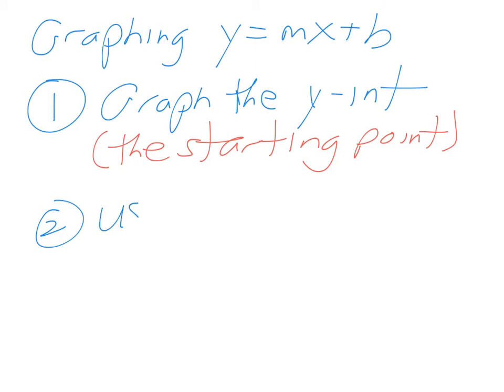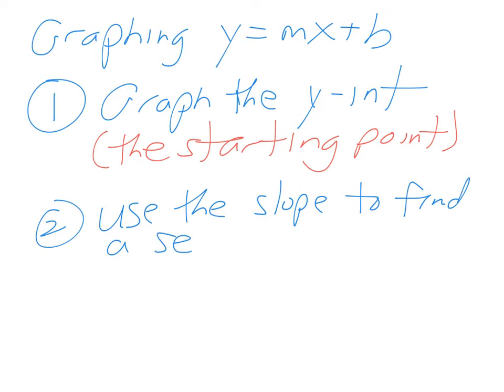We're going to use the slope to find a second point. Now, I want you to think about something for a second. I told you slope was equal to something. It was 3 words, but one of the words is over, so I'm not going to worry about that.